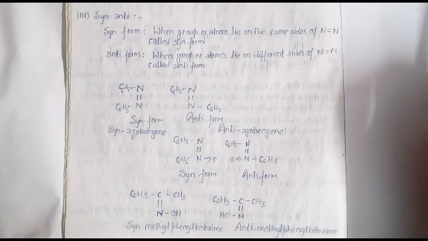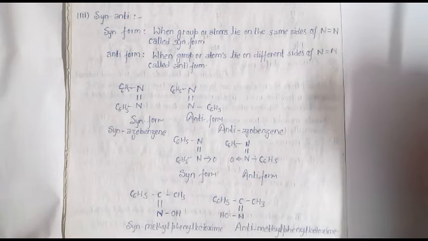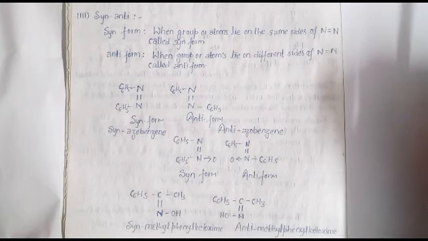But if the attached atom is the same, like CH3 and C2H5, in that case we go through the second attached atom. In C2H5, CH2 is attached with CH3, so the attached atoms are carbon, hydrogen and hydrogen, but in case of CH3 only hydrogen, hydrogen and hydrogen, and on this basis we can decide the priority of the attached atom or group of atoms.